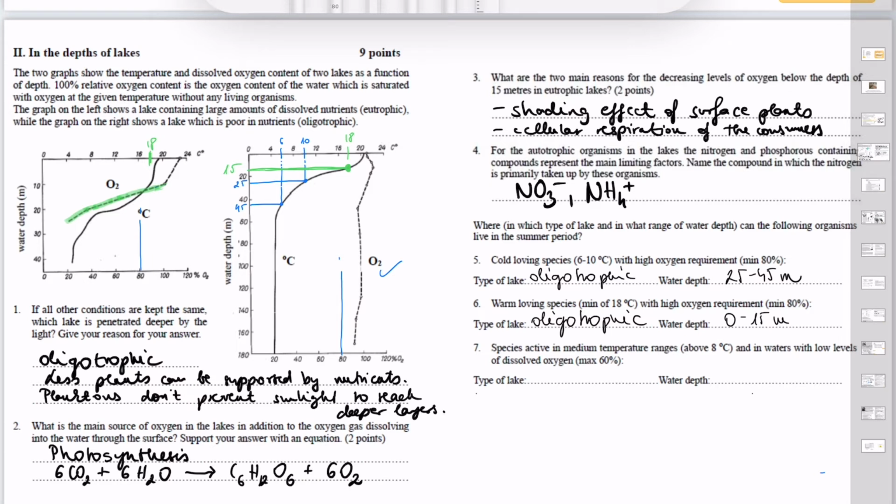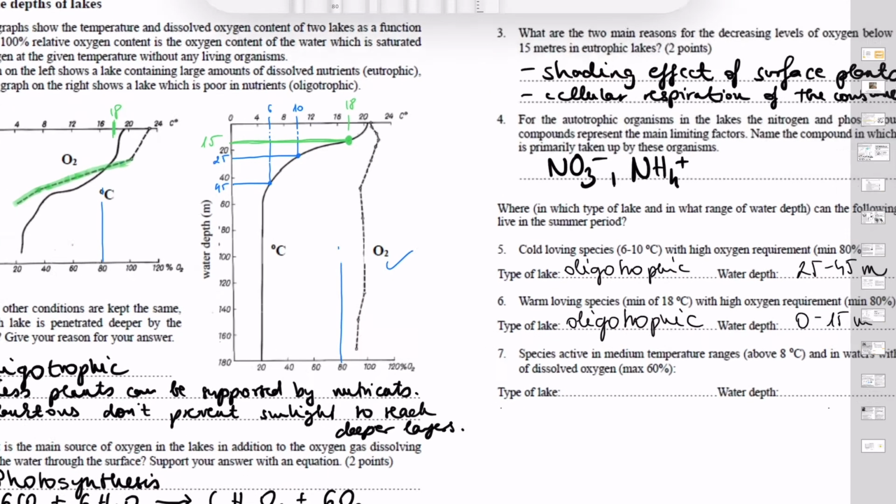Species active in medium temperature ranges above 8 degrees Celsius and in waters with low levels of dissolved oxygen, maximum 60%. So immediately we can exclude the second graph, as we know that in case of the oligotrophic lake, the oxygen content is always higher than 80%. So let's observe the first one.